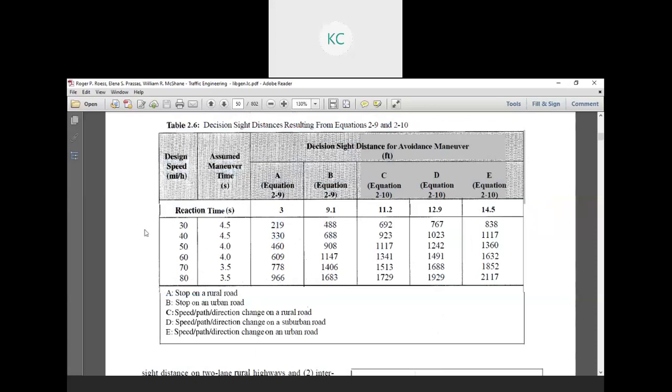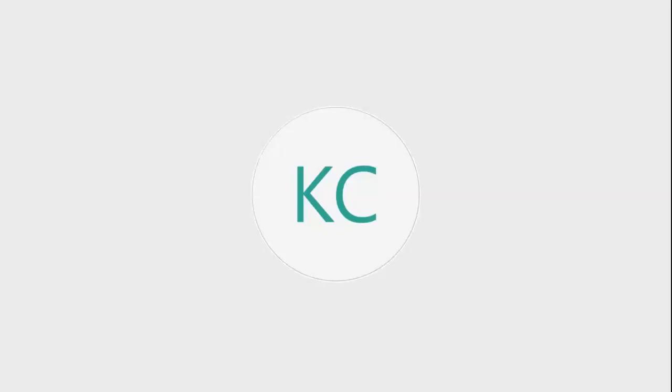Like if the design speed is 30 miles per hour, the assumed maneuver time or reaction time is 2.5 seconds. So from the equation for the different classes of highway, 219 meters are required for the proper maneuver of the vehicle. This is a table given by AASHTO on the basis of recommendations for any new highway construction.